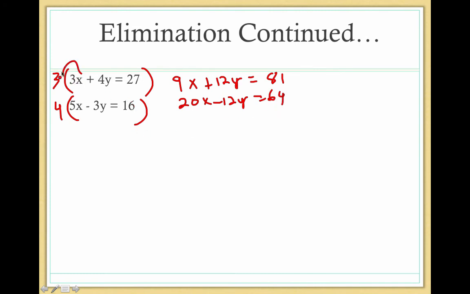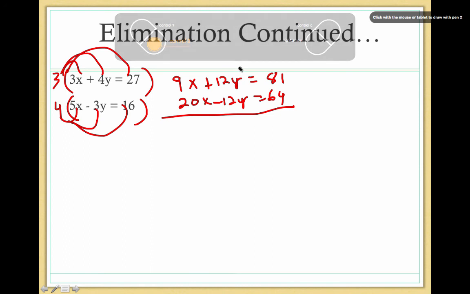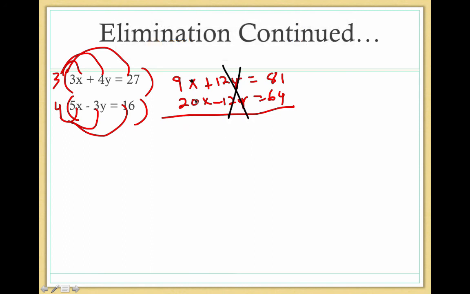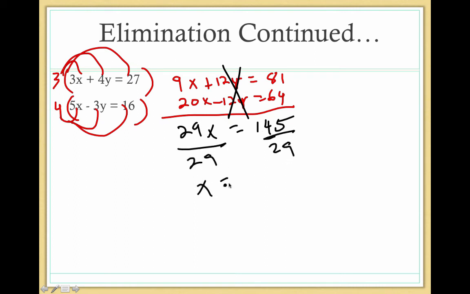So we're multiplying here, here, and here, and we're picking numbers that are going to have us eliminate. Look at this elimination now. And I get 29x equals 145. And I divide by 29 and divide by 29, and I think that's 5.